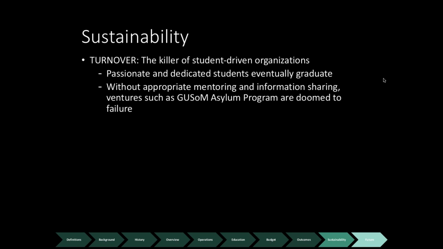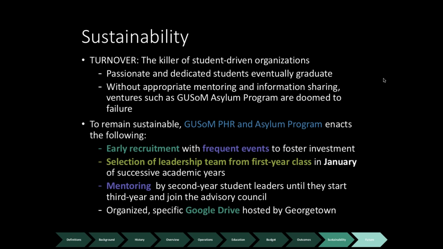And we've learned that without the appropriate mentoring and transition periods, these types of ventures are ultimately doomed to disappear. So we've taken on several different actions to really try to ensure that the asylum program is something that sticks around Georgetown School of Medicine for the long term.